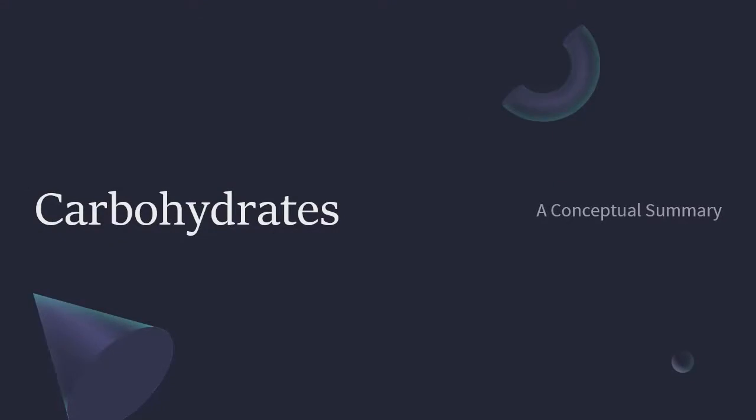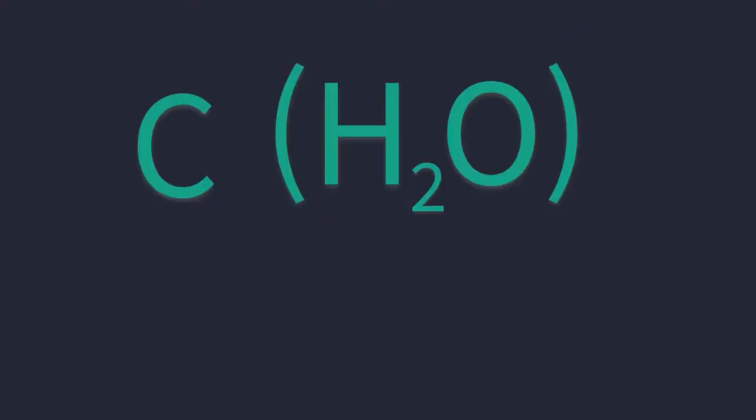Welcome to our conceptual summary, and today we will be talking about carbohydrates. Carbohydrates are basically just a molecule of carbon that is attached to a molecule of water. So the general formula for carbohydrates is C subscript n, H2O subscript n.